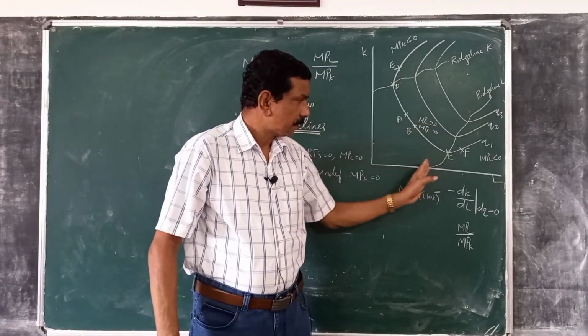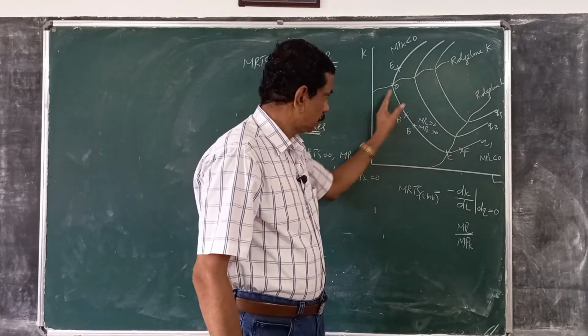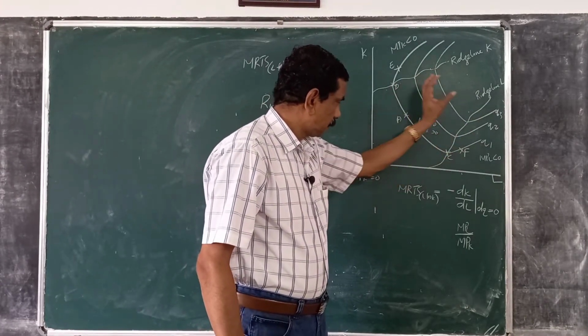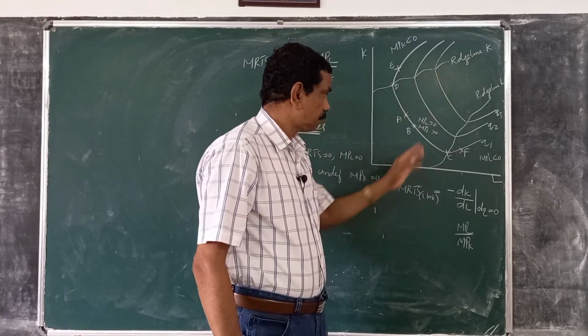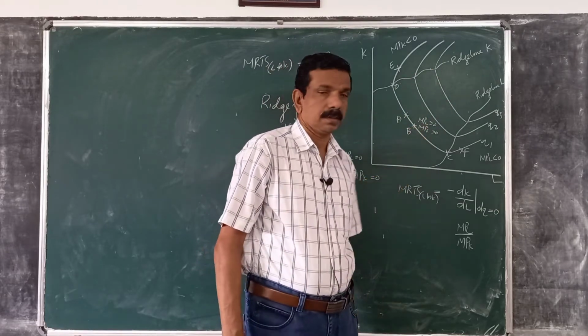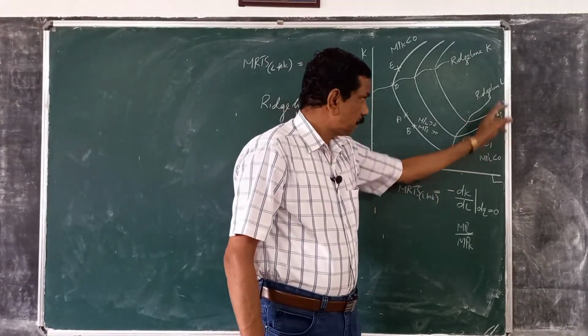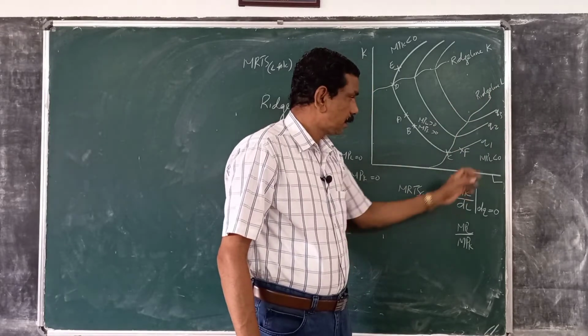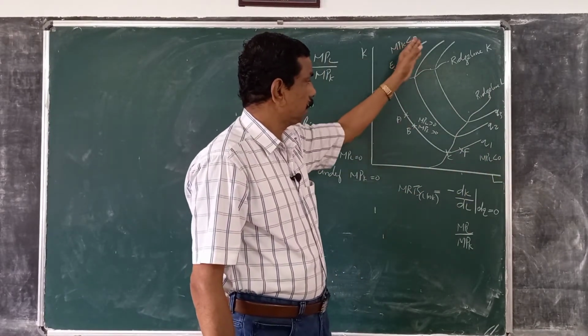So what we say is, in the area lying between the ridge lines, both the marginal products are positive. In the area below the lower ridge line, MBL is negative; above, MBK is negative.